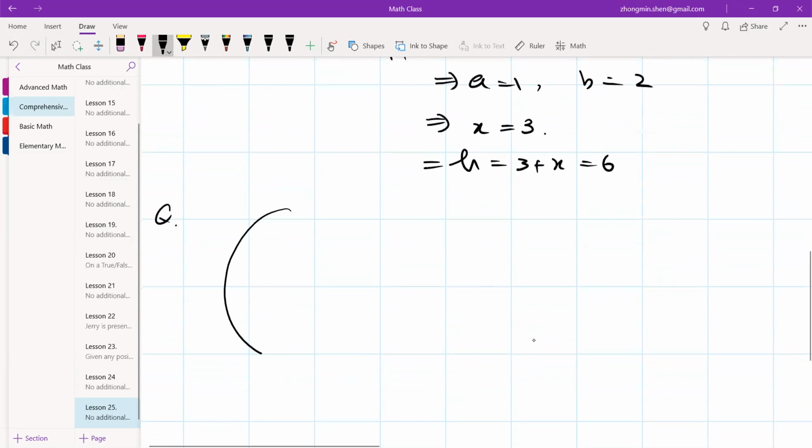So this is a circle. And I draw 2 random lines. This could be something like that.